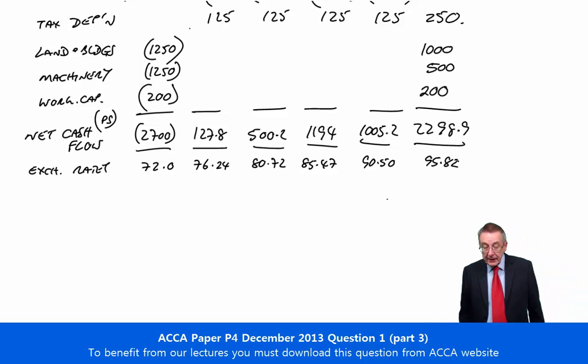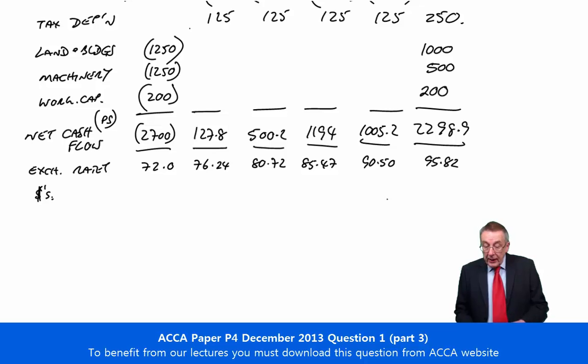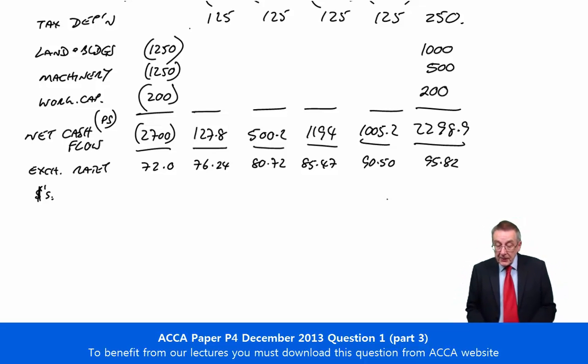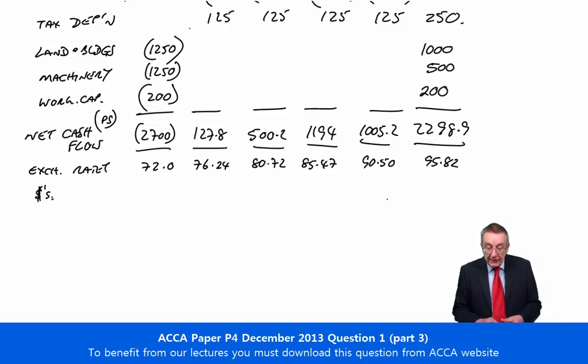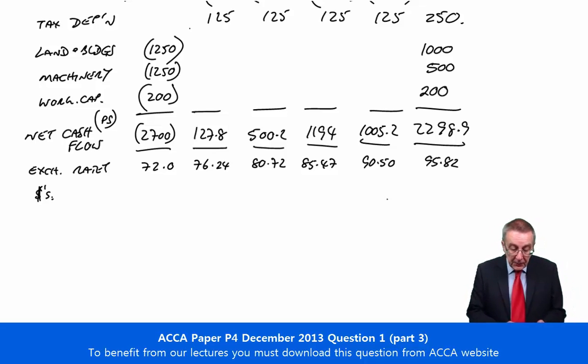Those are the figures that I'd calculated earlier. So let's now convert to dollars. And get it the right way round: remember, time 0 is 2,700 pesos. There are 72 pesos to the dollar, and so we need to divide 2,700 by 72.